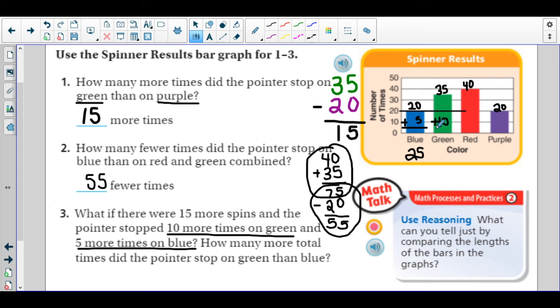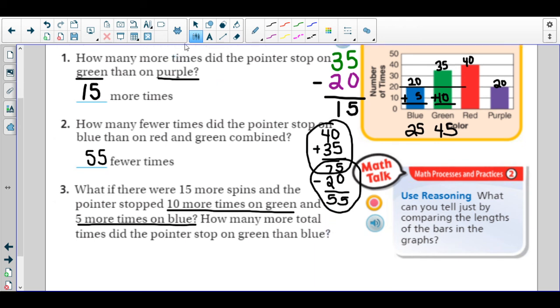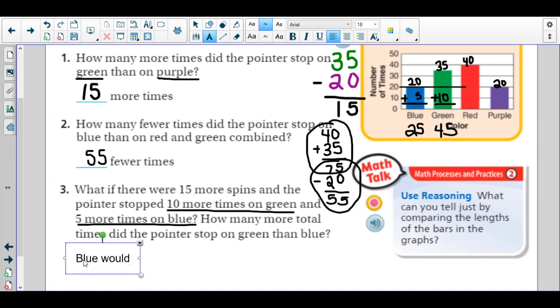And 35 and 10 is 45. So that's what goes down here. Blue would have 25. Green would have 45. And there you have it.